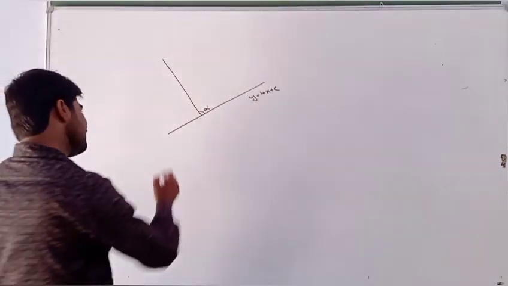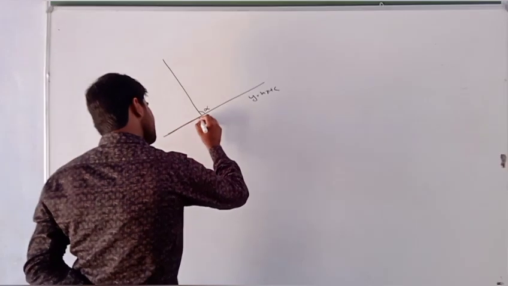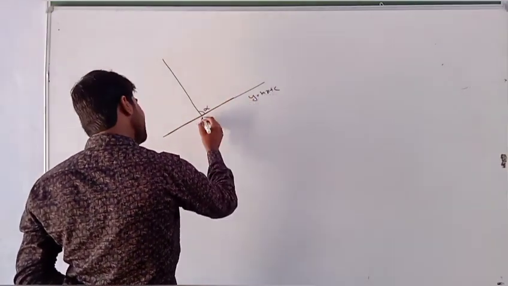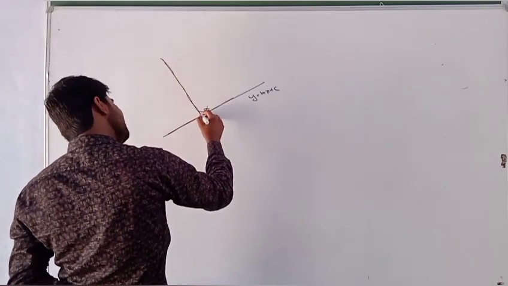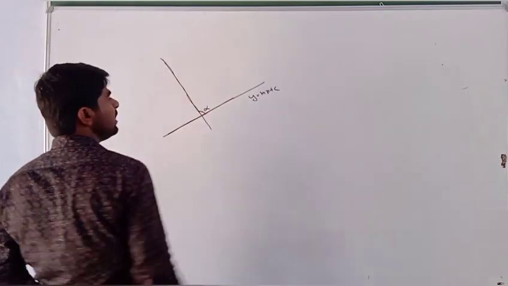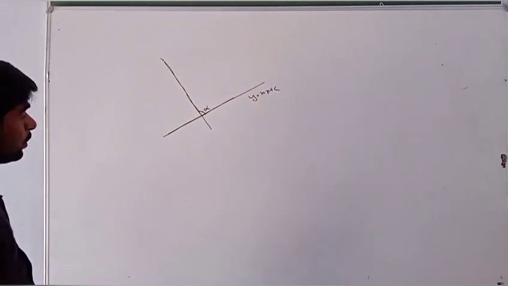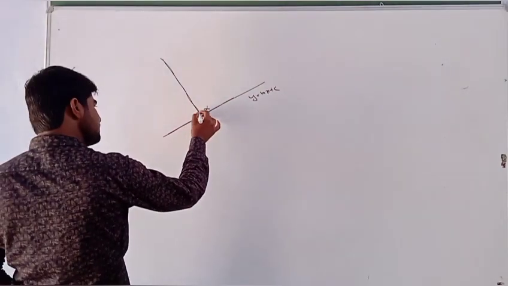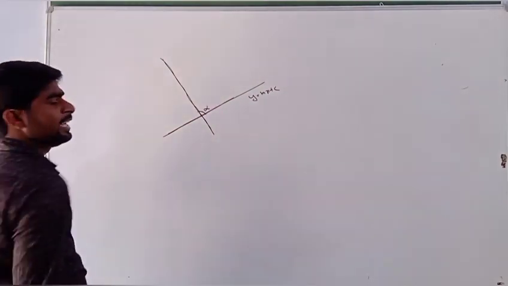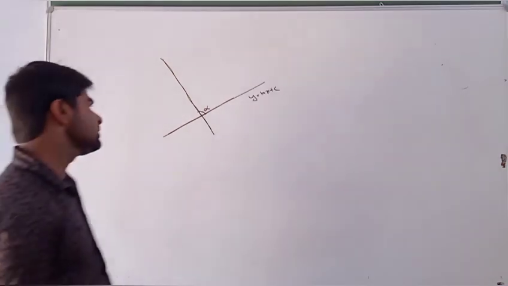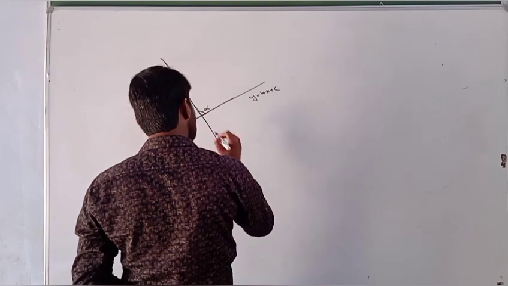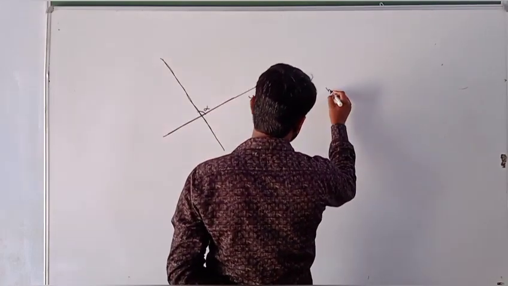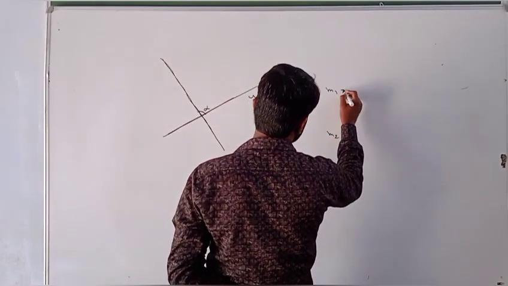Means one line is given whose slope is m, and you want to find the equation of the line which is making an angle of alpha with that line. So what we will do is, we can say that there will be two lines of this type which can make the angle like this. So two different slopes will be there, m1 and m2.